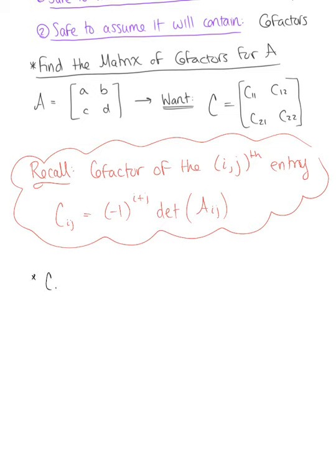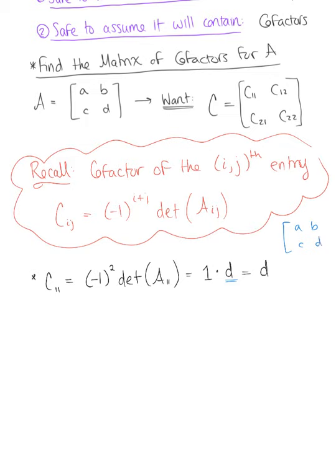We need the cofactor in the first row, first column. That's negative 1 to the 1 plus 1, which is 2, multiplied by the determinant of the submatrix A sub 1,1. So negative 1 squared becomes positive 1, multiplied by D. So we're just left with a cofactor in the first row, first column of D. In case you think, where did this D come from, is that math magic?